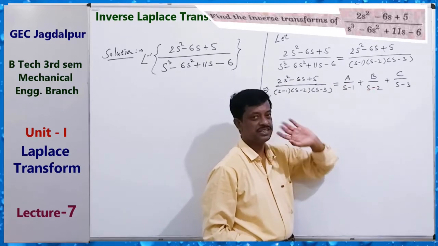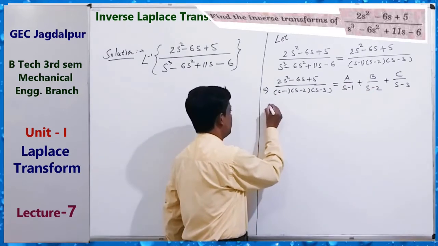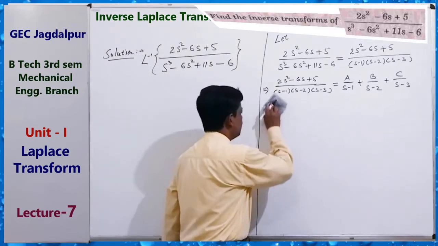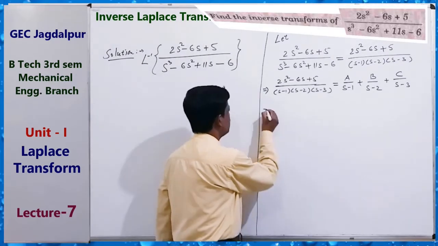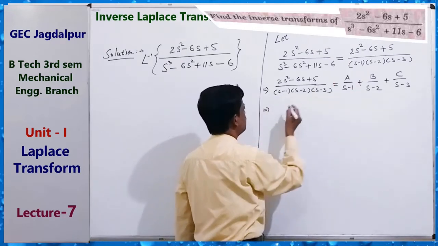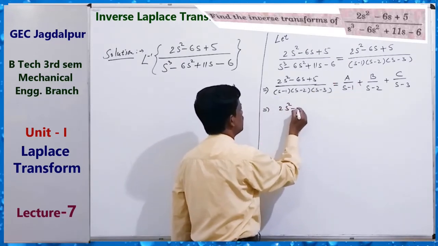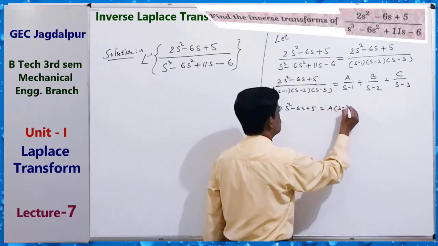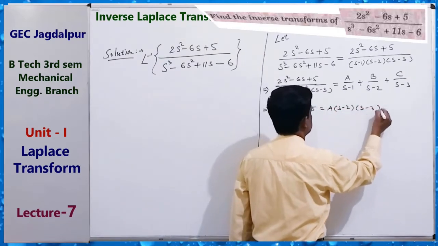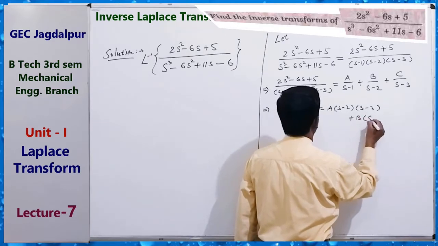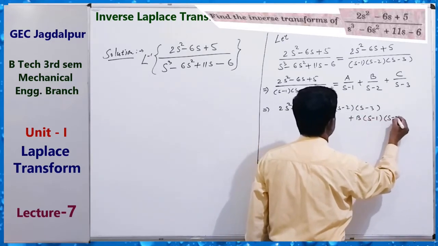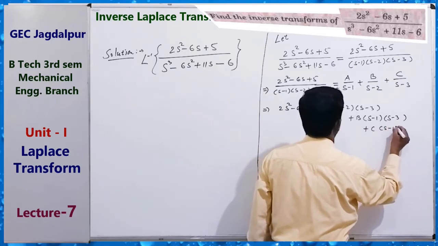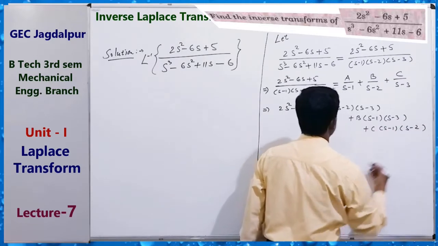Or you can write like this by multiplying, multiply it to here. Then 2s square minus 6s plus 5 equals a of s minus 2, s minus 3 plus b of s minus 1, s minus 3 plus c of s minus 1, s minus 2, like this.